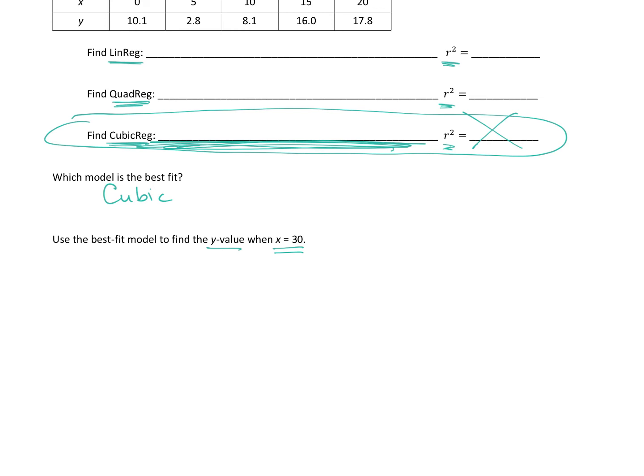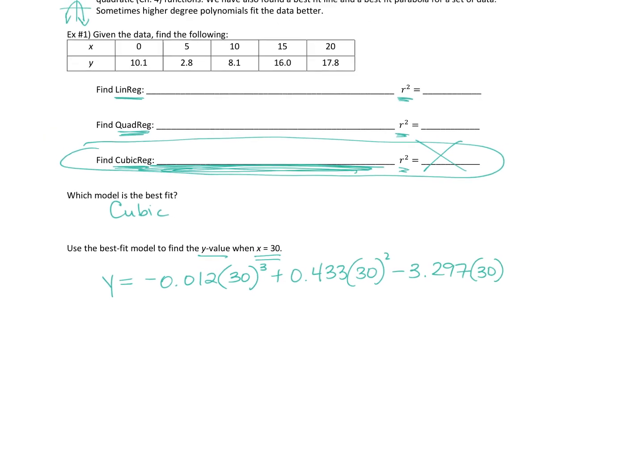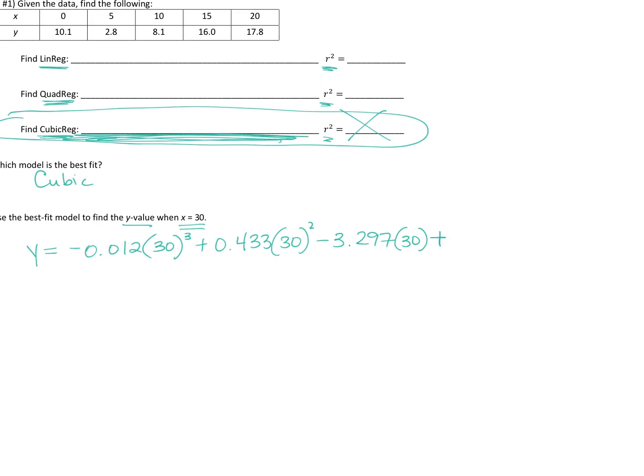So your equation for your cubic was y equals a negative 0.012 times 30 cubed plus 0.433 times 30 squared minus 3.297 times 30 plus 10.081, right?